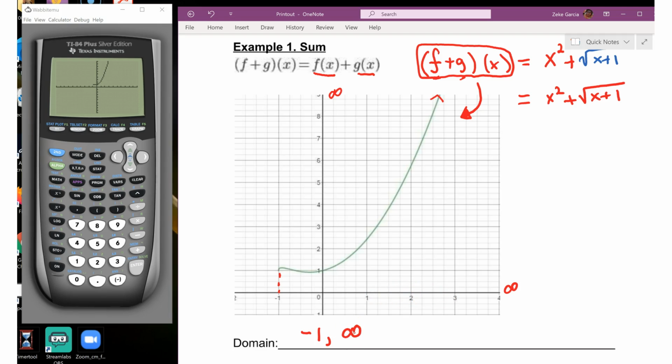Now the question is, do we include -1? And the answer to that is yes. If we look at the table, and I go to -1, we still get the y value, but when we get to -2, you get an error. So you do include -1, so that's a bracket, and then you go to infinity.